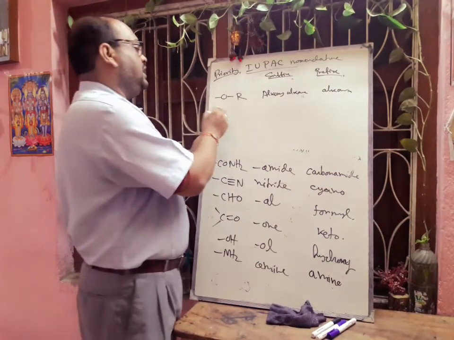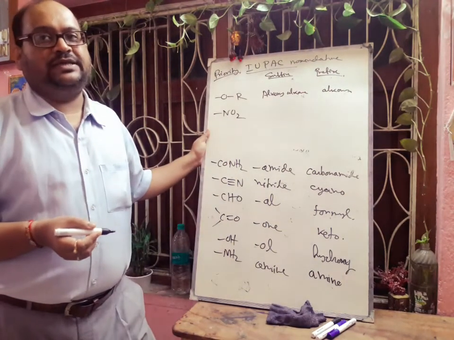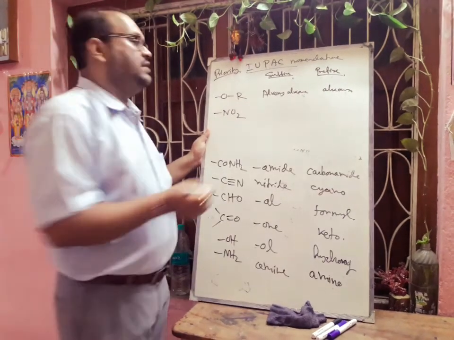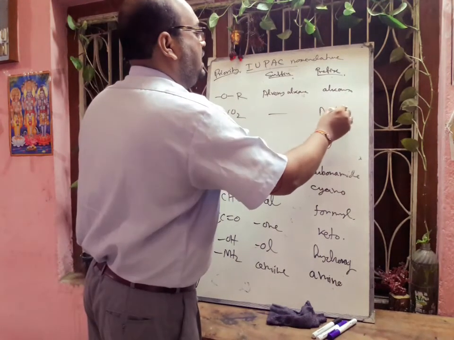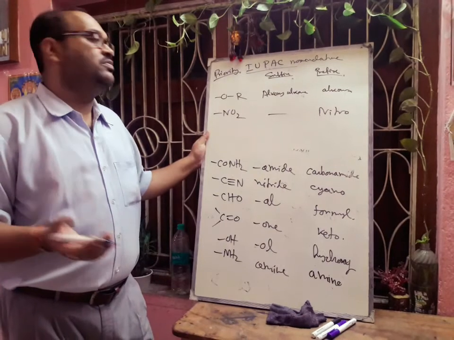Then we can write the nitro, and in case of nitro there will be no suffix, the prefix will be nitro. Generally it is named as nitroalkane, like nitromethane, nitropropane.